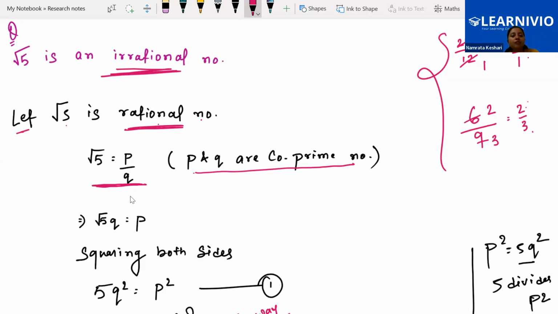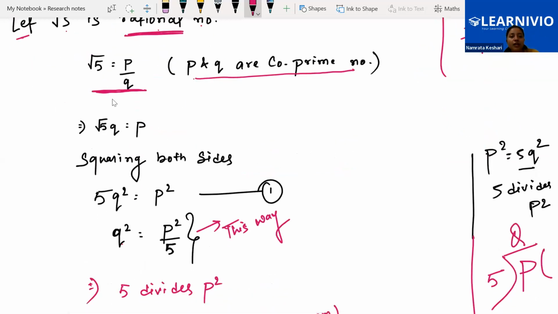Now we have done the crisscross multiplication. We have written it as root 5 into Q is equals to P. Squaring both sides, we got 5Q square is equals to P square. This is equation number 1. Now this 5 which is sitting beside Q square, we can shift to the other side and it will go in the denominator of P square.